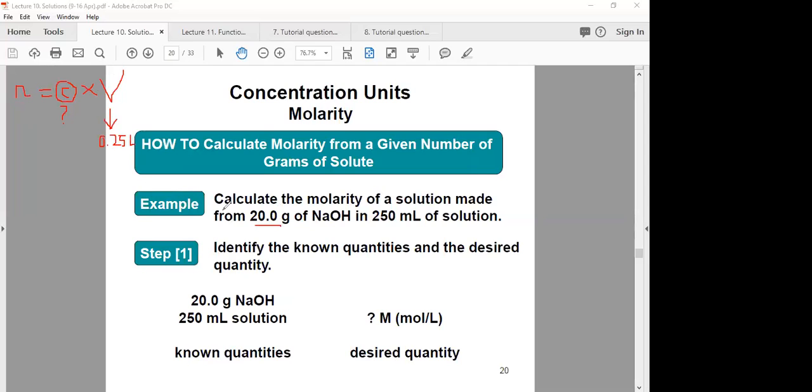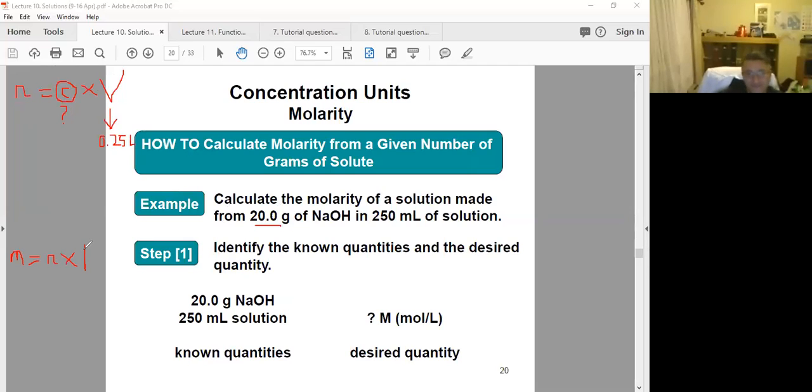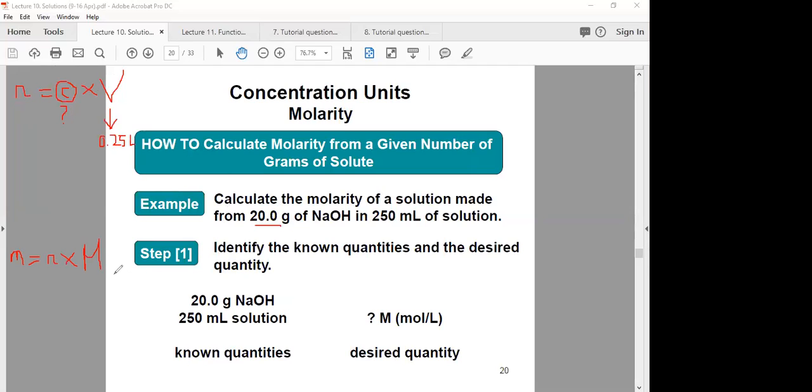So what do we do when we know grams, but we need moles? What formula can we use? Mass equals number of moles multiplied by MR, or molar mass. Remember, this is our molar mass formula. And because molar mass has units, who remembers the units? Grams per mole.